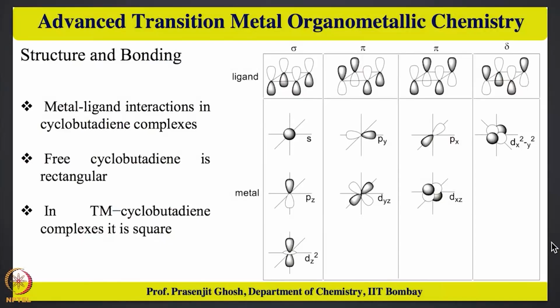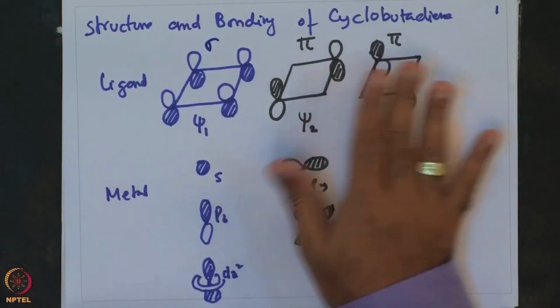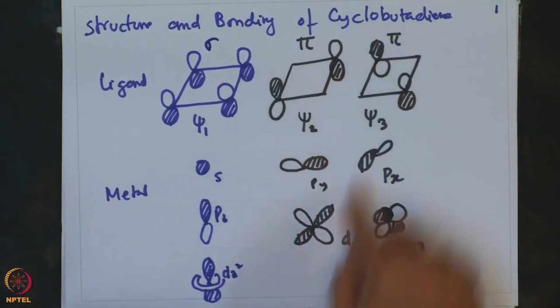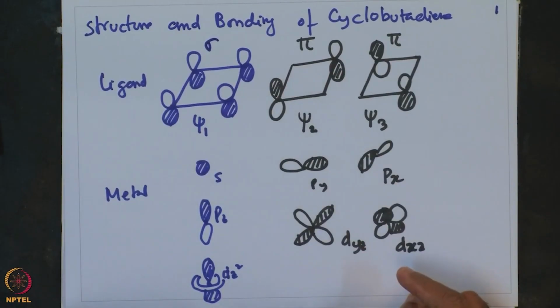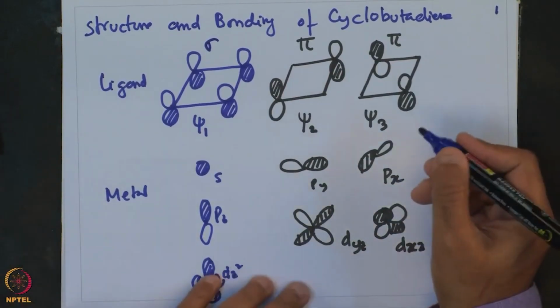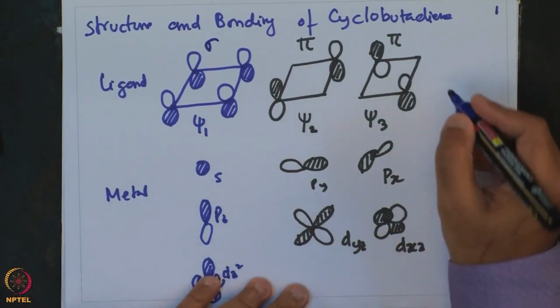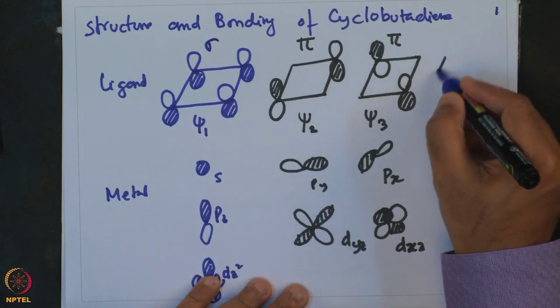Now the last is an antibonding orbital. This is sigma. Then two degenerate pi orbitals, both of the degenerate pi orbitals are shown in black, and the last set of orbitals is an antibonding orbital.